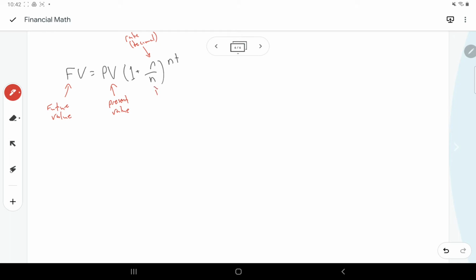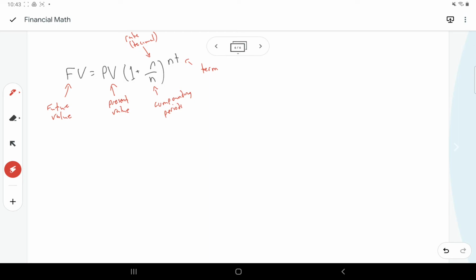And N, which is new, which is our compounding periods. I'll talk about that in a moment. And finally, T for our term. It's generally how many years in compound interest.